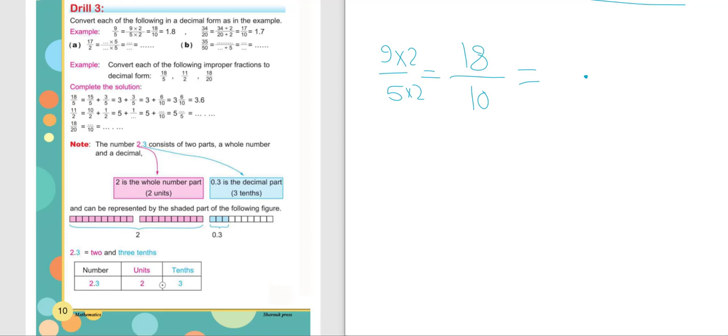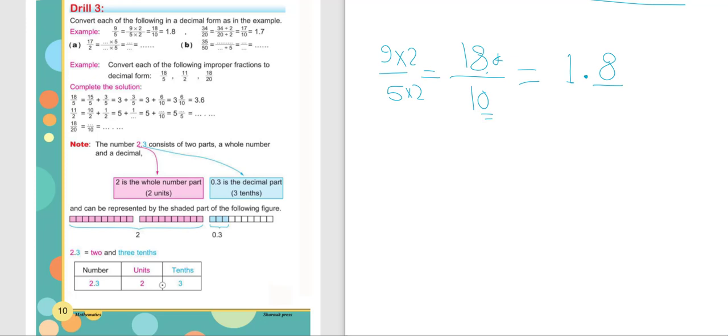Here we have 1 0. So in the right of decimal point we just have one decimal place. So we will put 8. We start from right. So here we have 8. Then what will I do with 1? 1 will be put in the whole part.